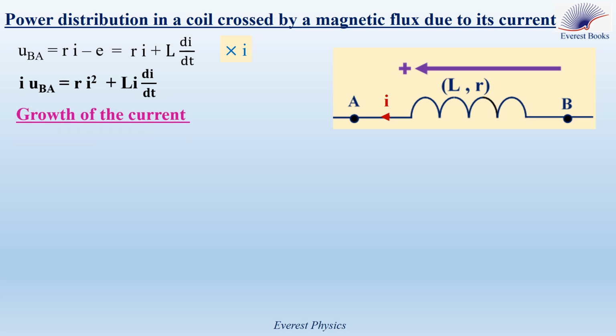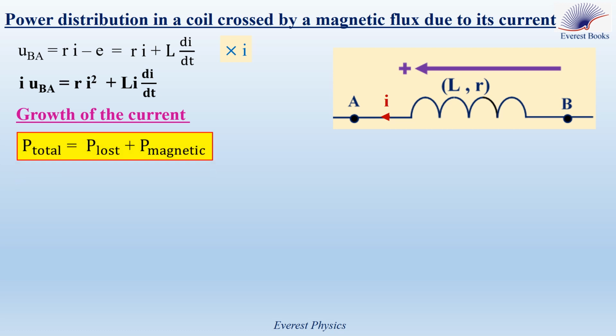During the growth of the current, or when the coil acts as an electrical load, or when it receives electrical energy from a source of electromotive force, we can write P total is equal to P lost plus P magnetic, where i times UBA represents the total electrical power received by the coil, and Ri squared represents the loss in the power of the coil due to Joule effect. Now, Li di by dt represents the magnetic power in the coil.